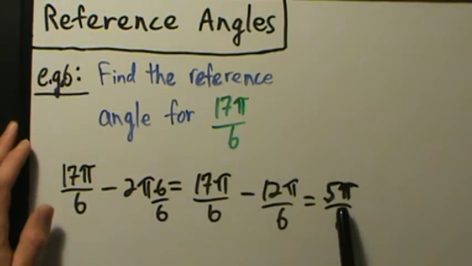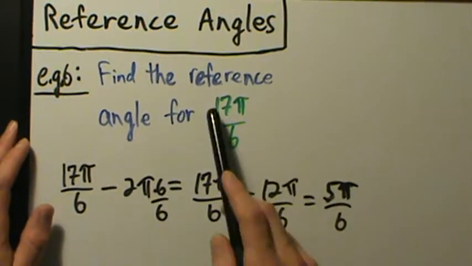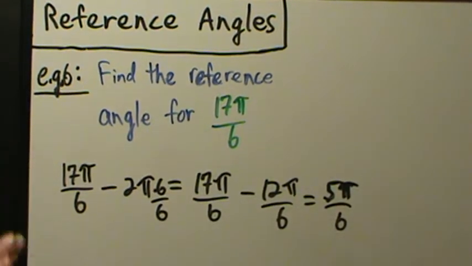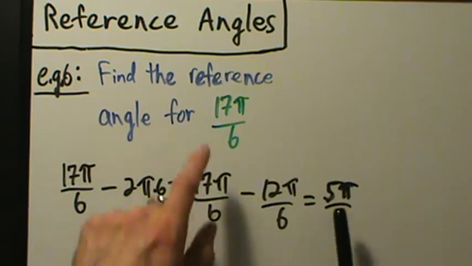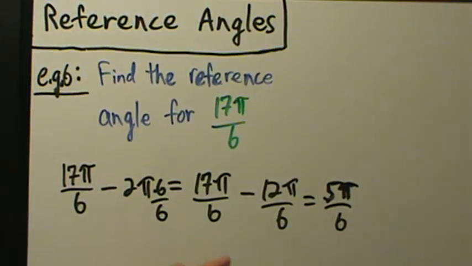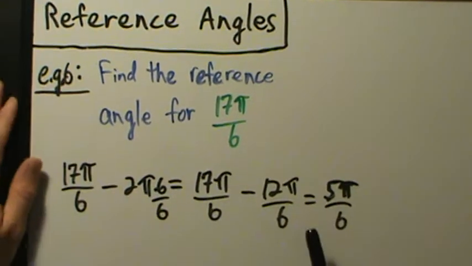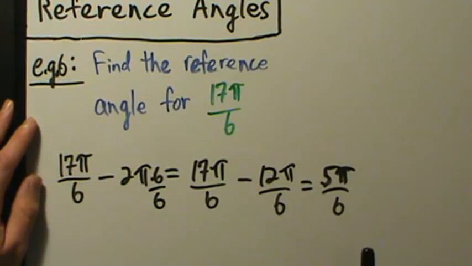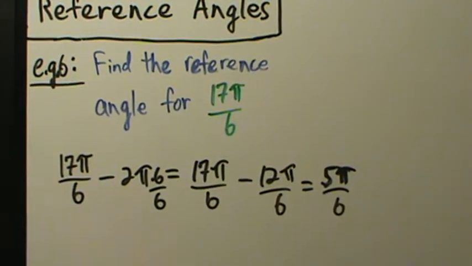Well, if this angle and this angle have the same terminal side, then naturally, by definition, they have to have the same reference angle, because the reference angle is defined in terms of the terminal side. If these have the same terminal side, then they're going to have the same acute angle between that terminal side and the x-axis. So in other words, coterminal angles have the same reference angle.